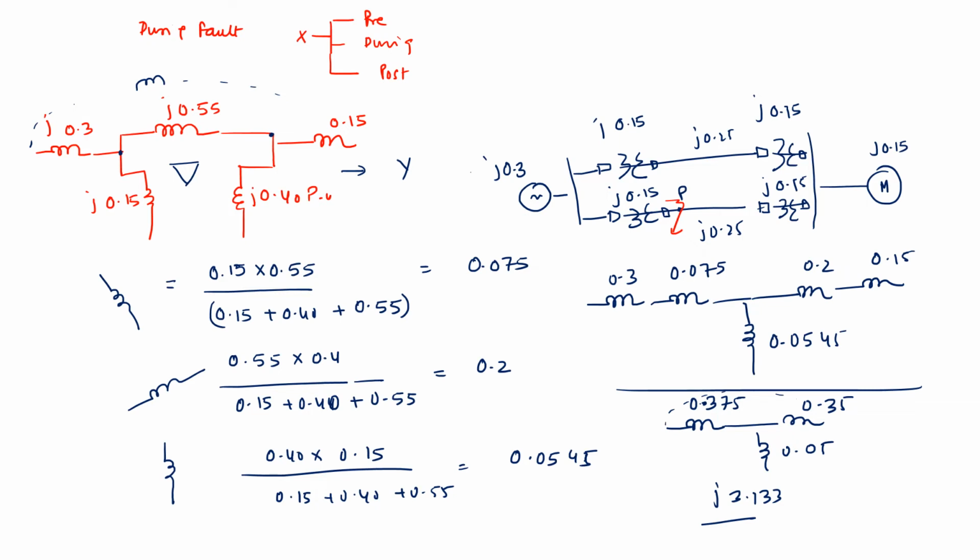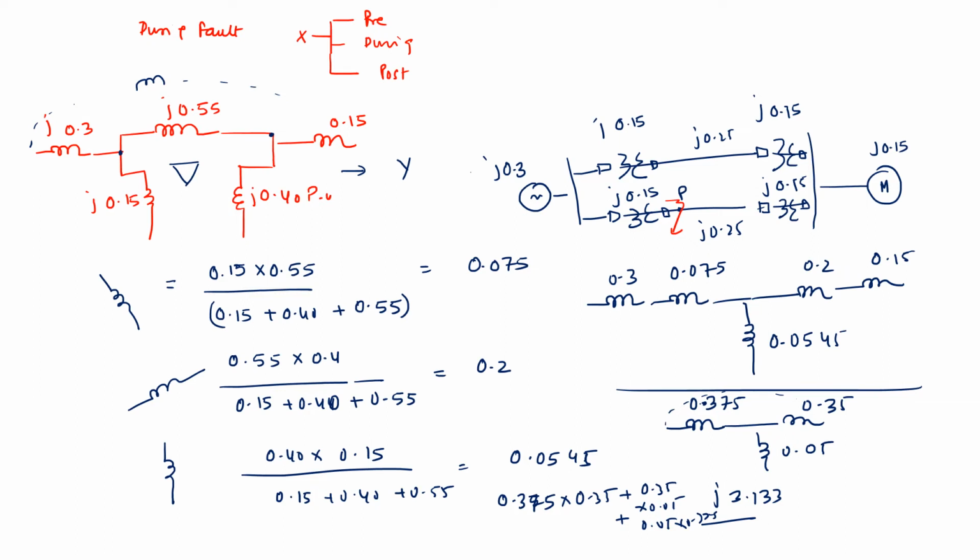This will be equal to 0.375 into 0.35 plus 0.35 into 0.05 plus 0.05 into 0.375.